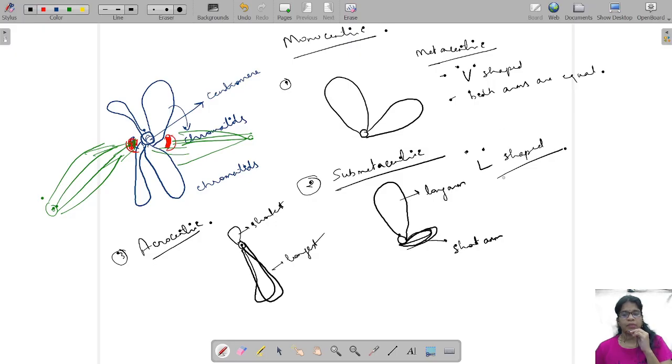These are unequal. Okay, L-shaped with unequal arms. Here I can say it's a small tail-like structure. This you will come across in the Y chromosome of males.